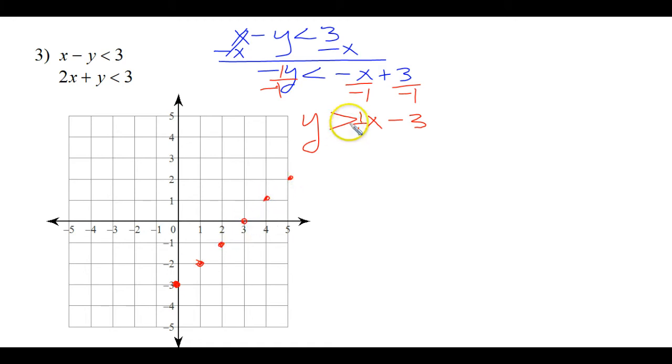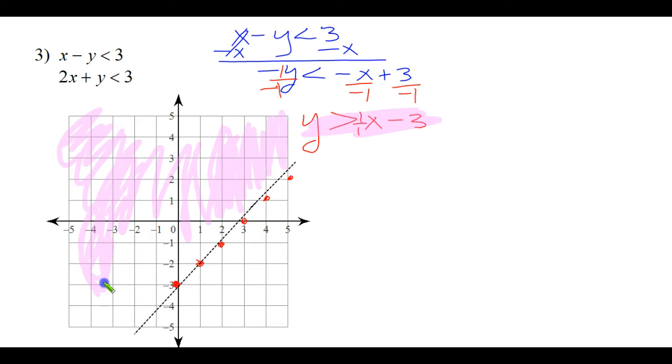And that line doesn't have an equals, so that's going to be a dotted line. And then for shading, that says greater than, so I'm going to go up from that line, and we'll be looking like that.